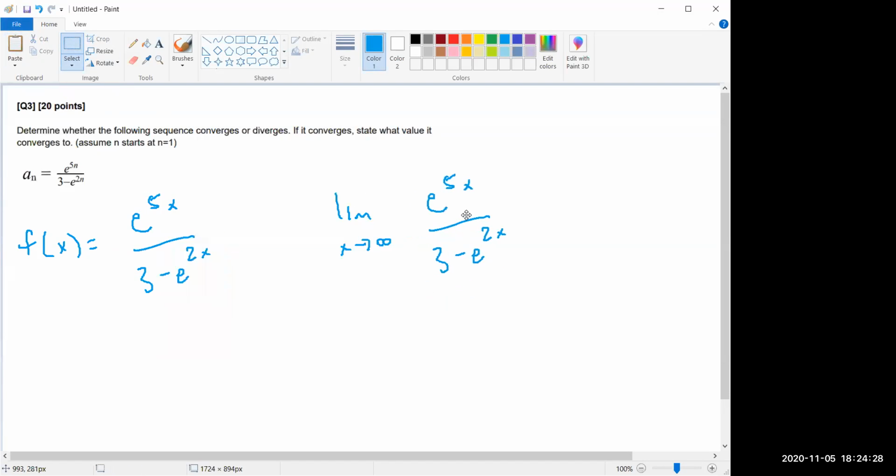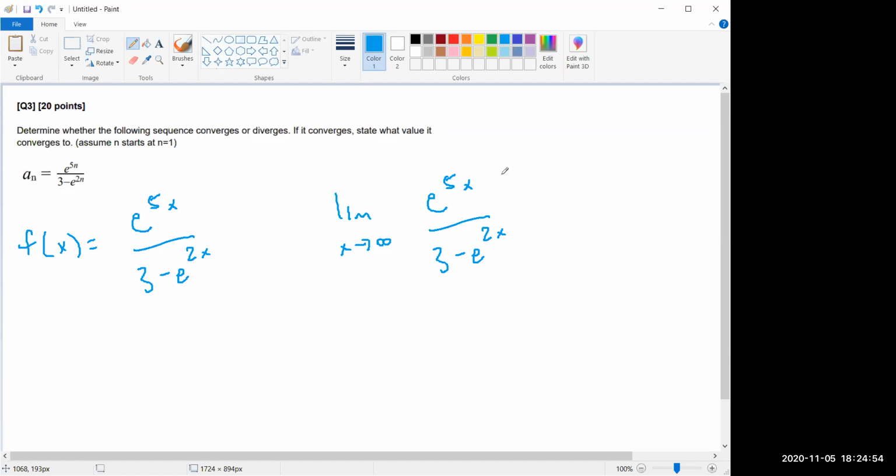So you got diverges. Okay. Can you walk me through your work? I just took the e to the 5x and divided it by the negative e to the 2x, because that's how we did it in high school to find, I think, the vertical asymptote.